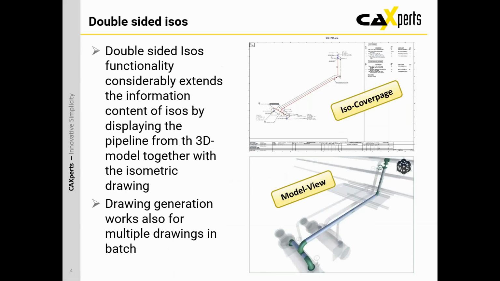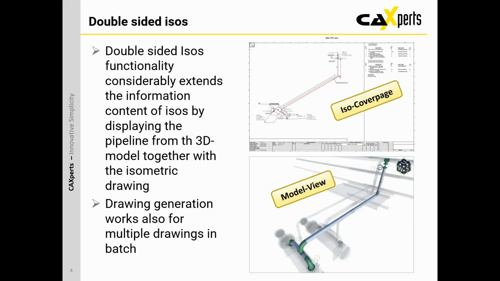As a very useful extension of this data integration is the functionality of double-sided ISO. As you know, UPV can integrate isometric drawings from Smart 3D, from E3D in an intelligent way with a point-to-point, 2D to 3D connection. And this can be extended by double-sided ISOs.